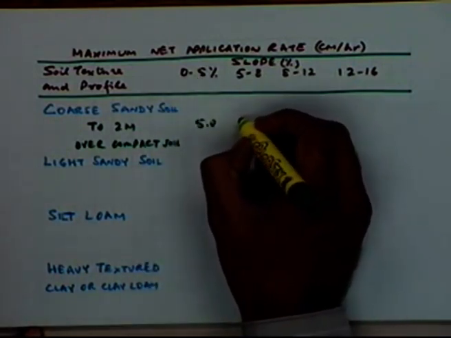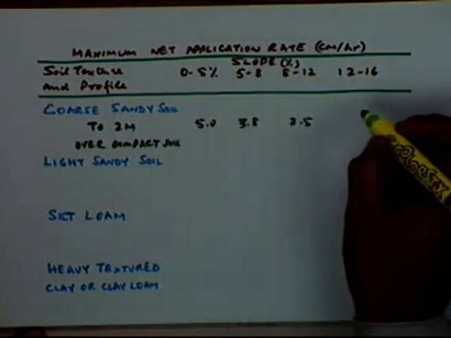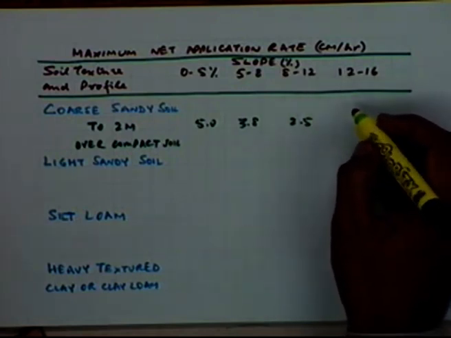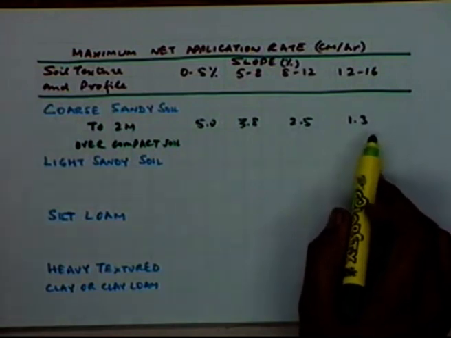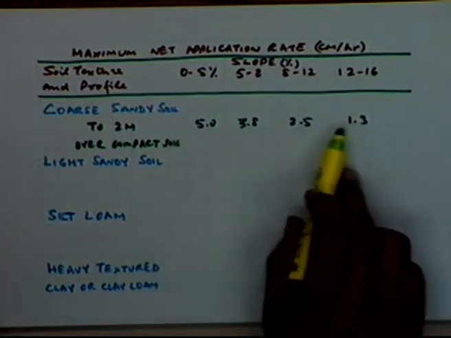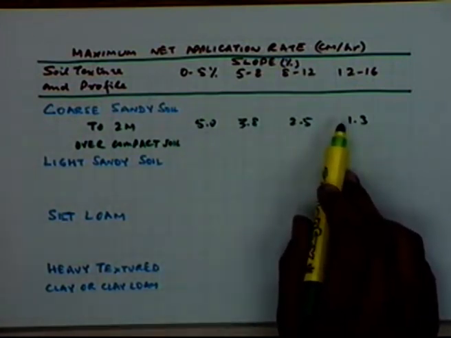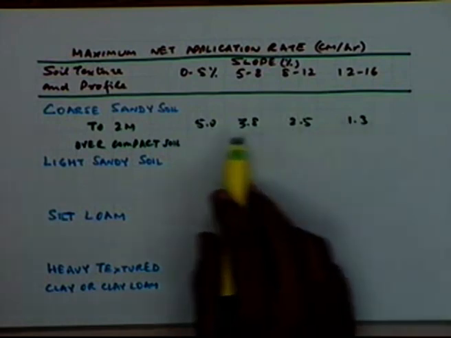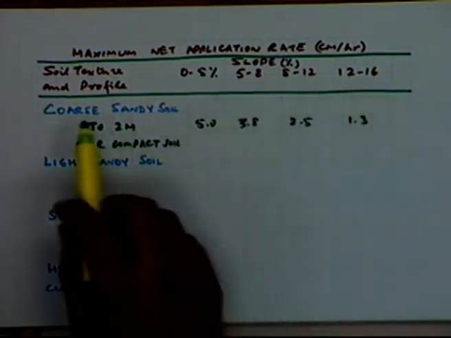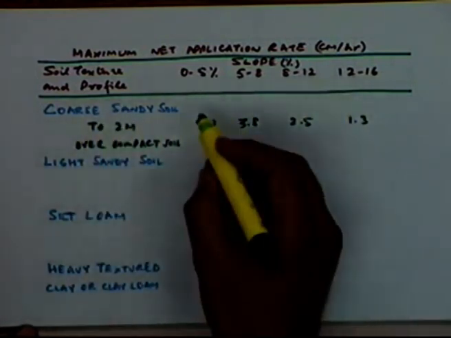As the slope increases, you will find that the maximum allowable net application rate will reduce, and the reduction is quite significant. Now these limiting values are obtained with the objective that there shouldn't be any runoff produced under these conditions of soil texture, the soil profile and the slope.